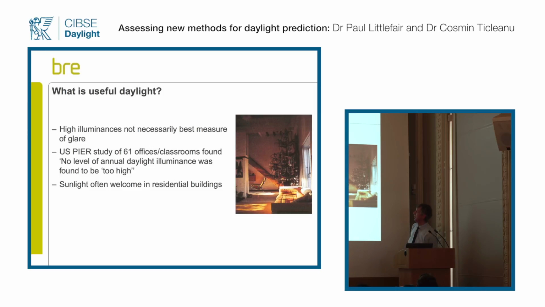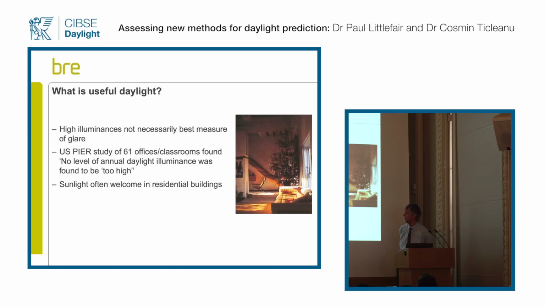So I've written the right thing on my slide. High illuminance is not necessarily the best measure of glare. There's an interesting study, and most of you aren't aware of it. You can download it free of charge from the internet. It's called PEER. It's not actually seaside piers. It stands for something, which I can't remember, but maybe the I is illuminance.